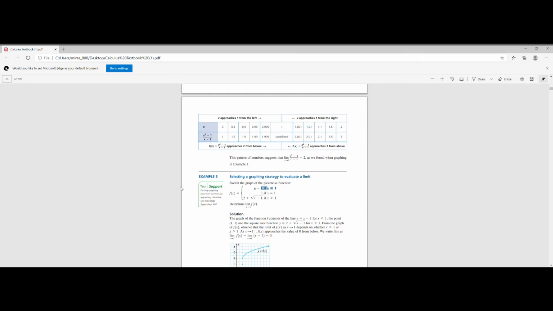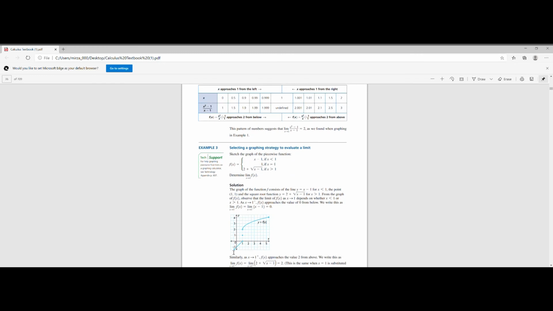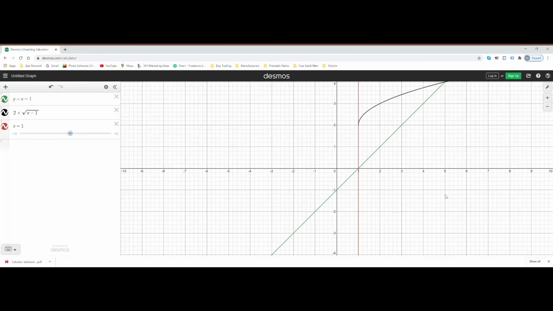Okay, actually, we'll just look at this example. x minus 1 if x is less than 1. Here in this graph, I've graphed it using this Desmos graphing software.